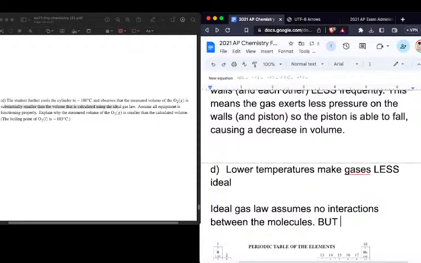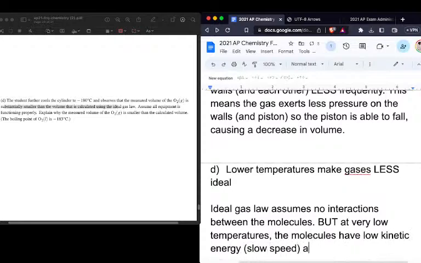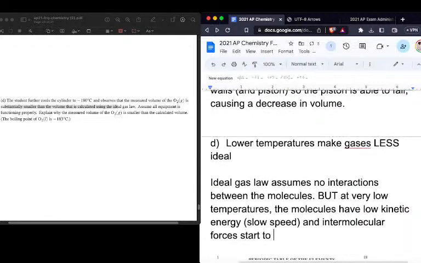But at very low temperatures, or high pressures, I'll say, the molecules have low kinetic energy, slow speed, and intermolecular forces start to become more important. If you wanted to say that in a non-chemistry way, the colder and slower they are, the stickier they are to each other.